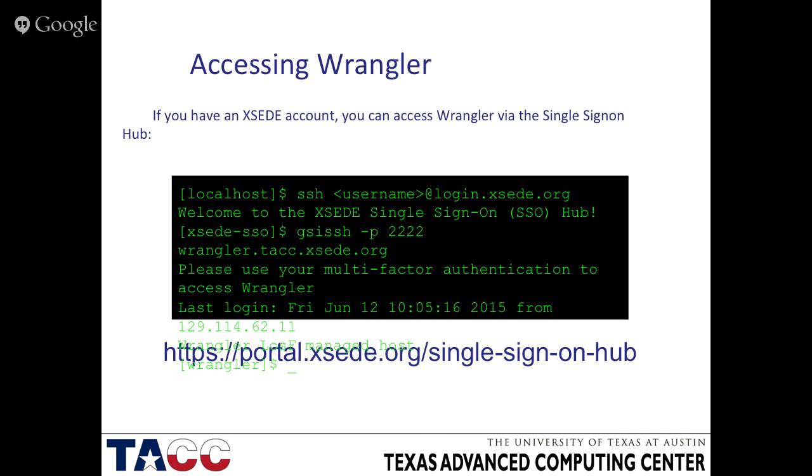There are also a couple of things new to us here. Right now, we're using two-factor authentication. If you have an XSEDE account, that's probably not a big issue for you, since you can use the single sign-on features of XSEDE to log on to Wrangler.